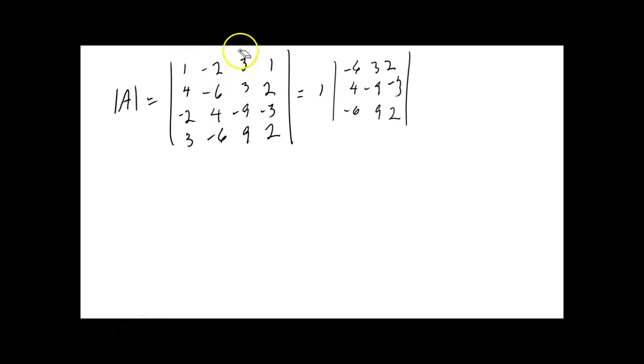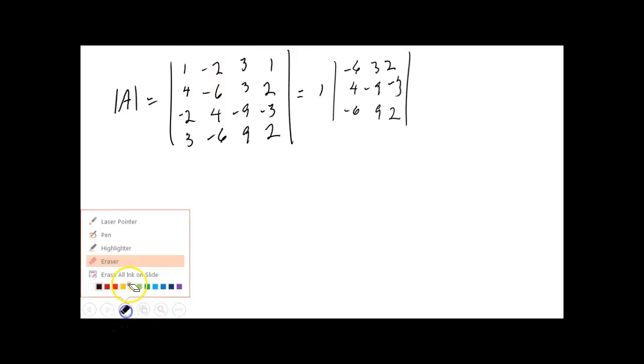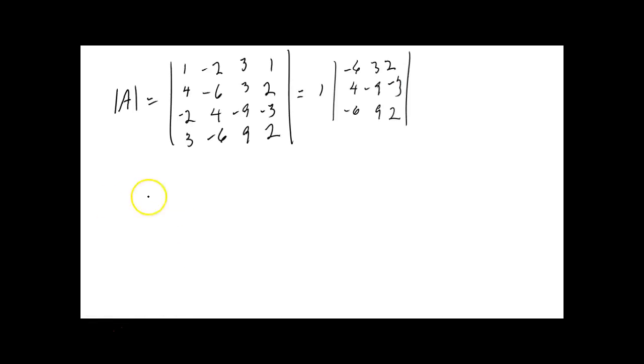We're using row 1, and it's a negative 2, but it's in a negative position, so that becomes a positive 2. I hope you don't mind my doing it like this. It's the way that makes the most sense to me rather than cofactors and things. That becomes a positive 2 times its minor, which would be 4, 3, 2, negative 2, negative 9, negative 3, 3, 9, 2.